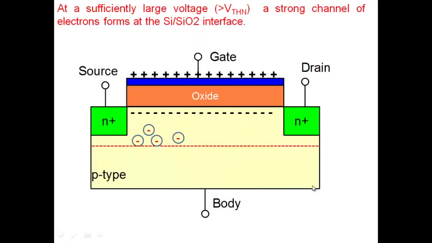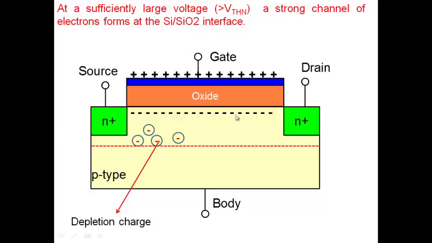And then we can imagine that if you apply a sufficiently large voltage, which we call the threshold voltage, the electron density at the surface becomes strong enough, and a significant current begins to flow between the source and the drain, and we say a strong channel is formed. So that's the phenomenon that we are talking about.